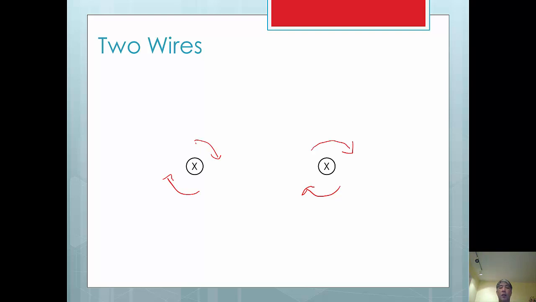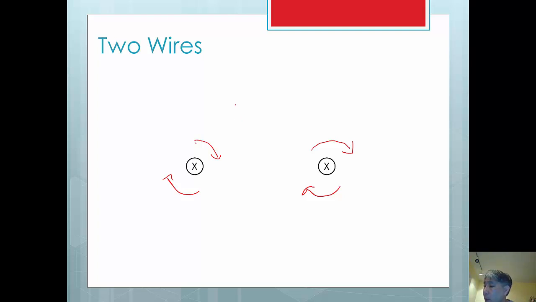When I want to superimpose it, right here in the middle, the left one will have a magnetic field downwards. On the right one, I'm going to have a magnetic field upwards. As long as we're talking the same distance, those two fields are going to cancel, and I'm basically going to end up with no magnetic field at all in the middle.